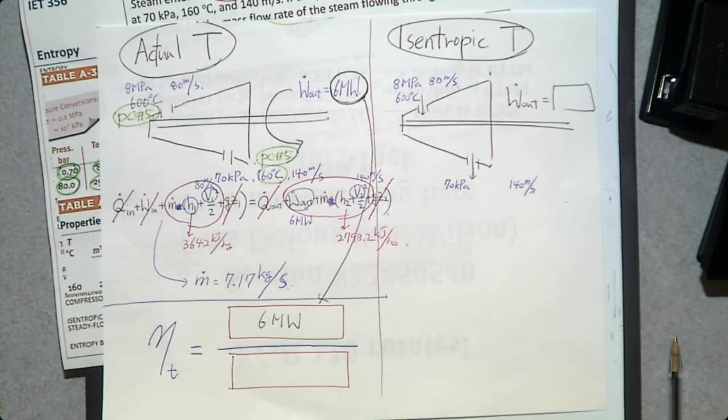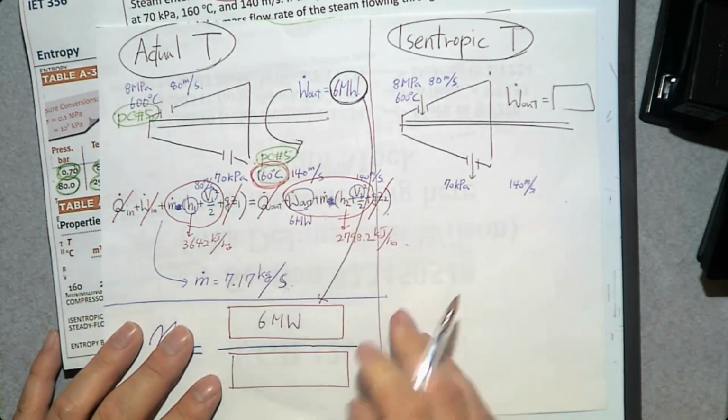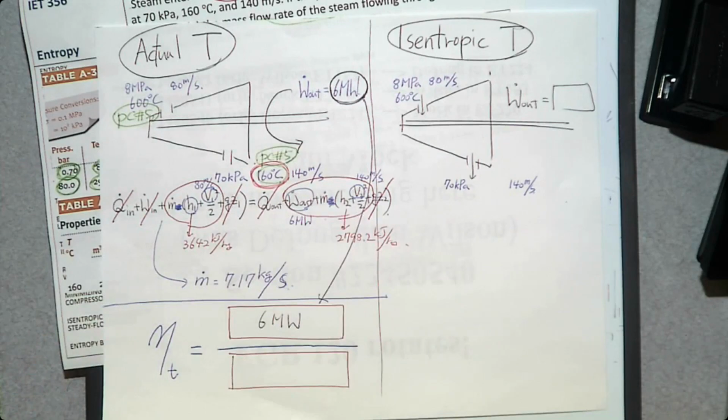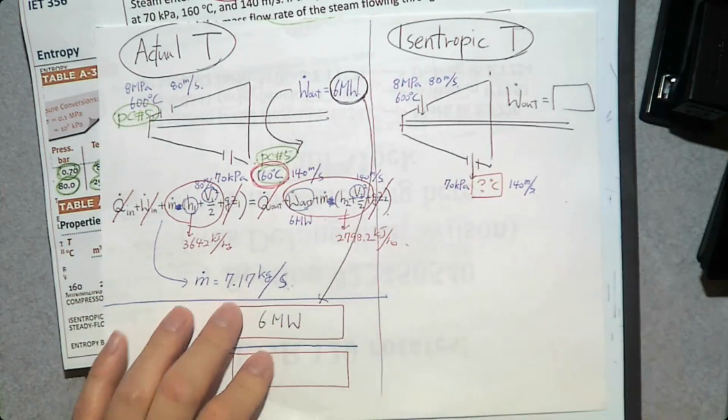If you use a larger pipe, you get lower velocity. If you use a smaller pipe, you get higher velocity, right? So these two cannot change regardless of how good this turbine is. The one thing that changes is going to be this one. If you remove more power from the thermal energy of this steam, the temperature at the exit should be less than this one, right? And that temperature we do not know. So that temperature is, I don't know temperature, okay?